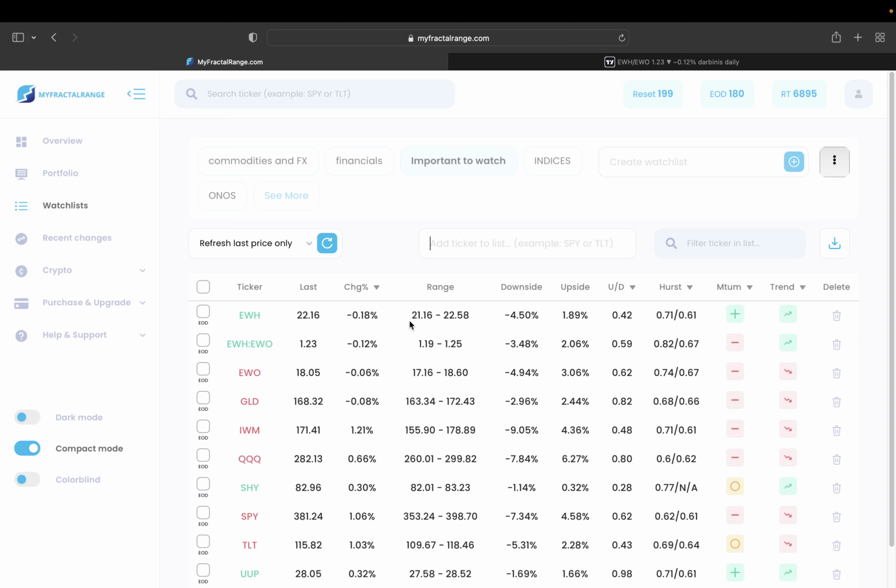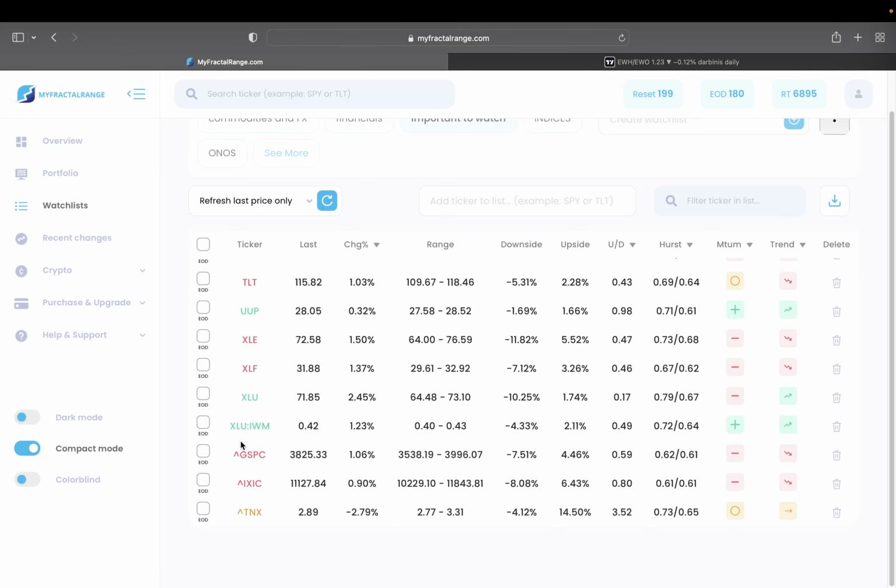That's why you can expect to make some money. This strategy is very popular. Hedge funds use it, macro traders use it, long short funds use it. But the main theme is defensive versus cyclicals. Now if we take a look, you can also see that Hurst is 0.72, not that bad.